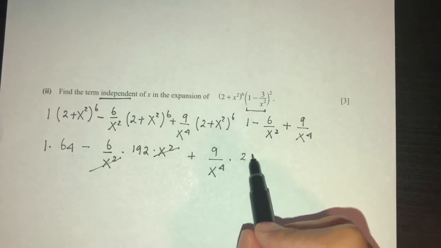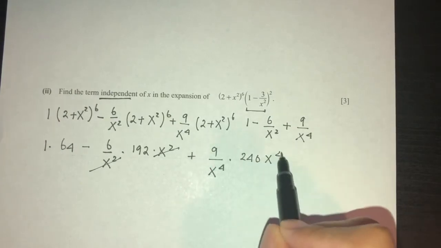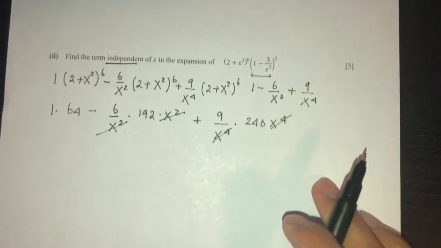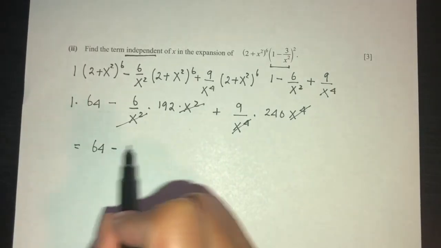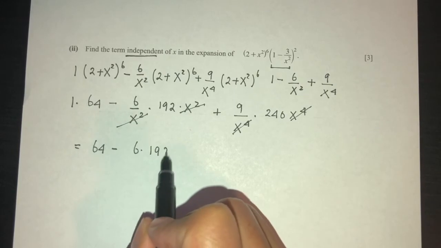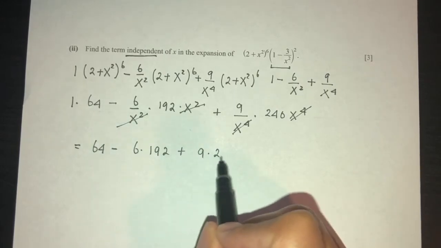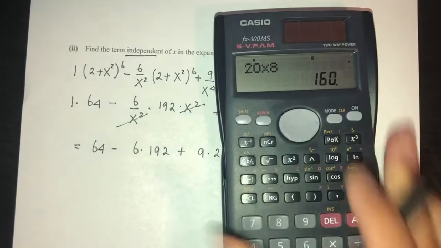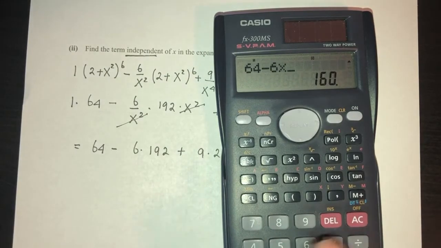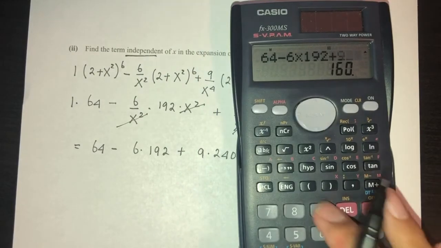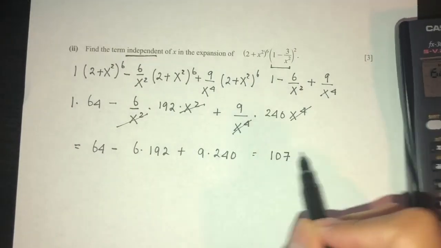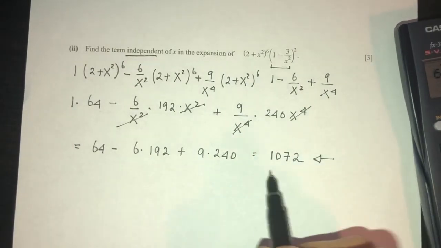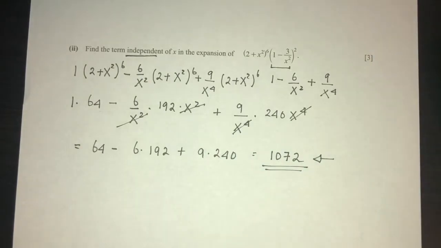So it cancels out the x power 4 at the bottom as well. So if you simplify, this will be 64 minus 6 times 192 plus 9 times 240. So pretty easy. 64 minus 6 times 192 plus 9 times 240, that should be 1072. This will be the term independent of x, and this is your answer for part 2.